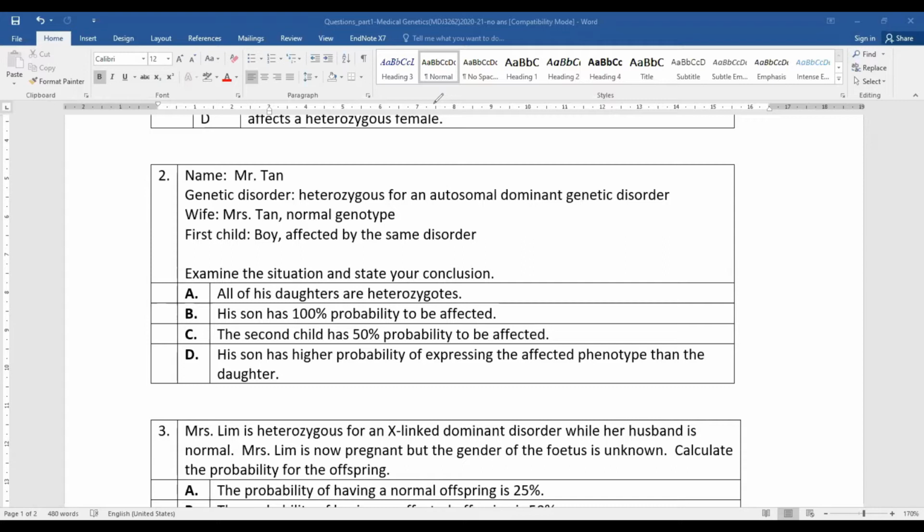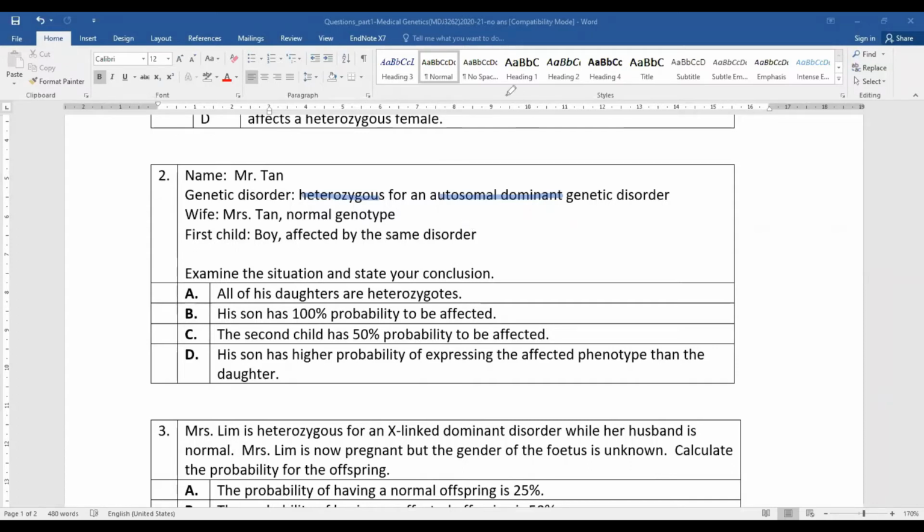All right, let's go. Okay, question number 2. Mr. Tan is heterozygous for an autosomal dominant genetic disorder, right? The wife, Mrs. Tan, has a normal genotype. Okay, and the first child is a boy and also affected by the same disorder. So first, let's look at what is the genotype of Mr. Tan.